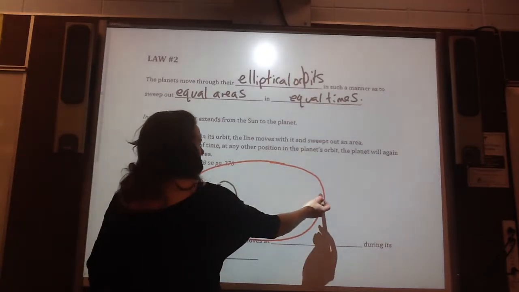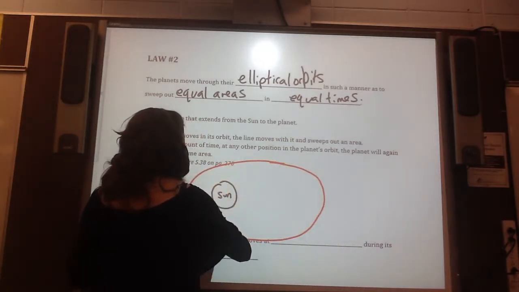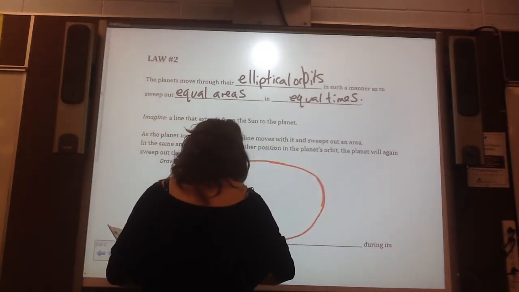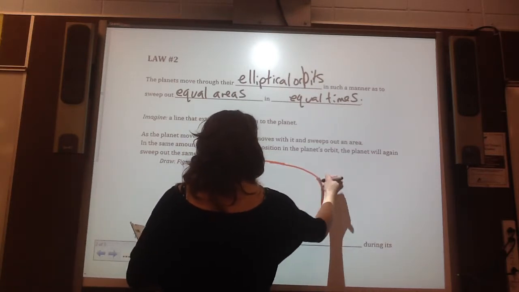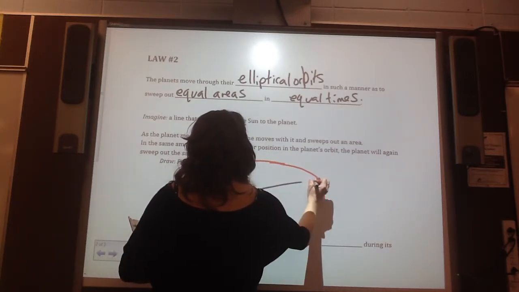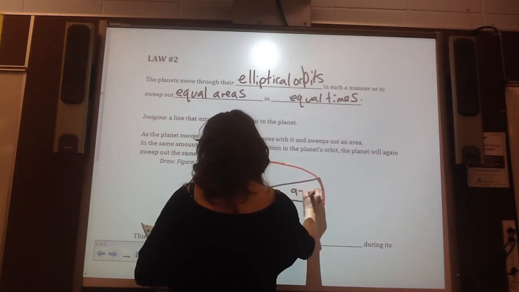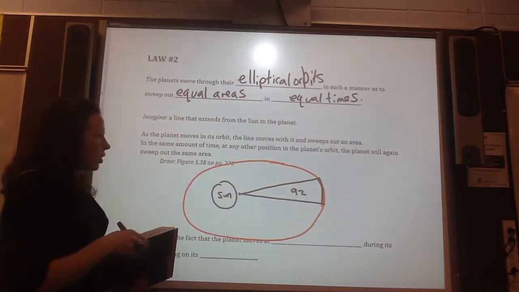So if we think about it, the Earth is orbiting around the sun. But if we break it down into different spots, like this spot here, draw your lines out. In the book it says that would be like area 2.